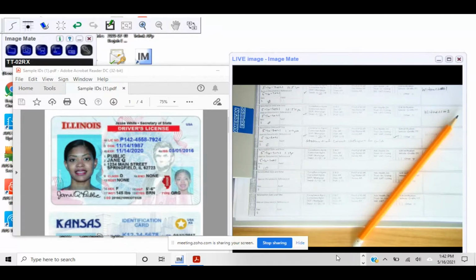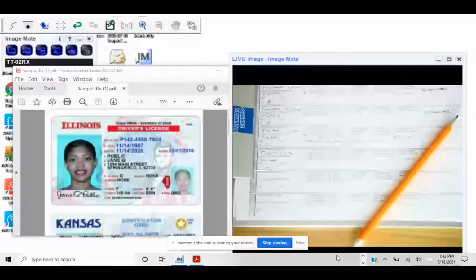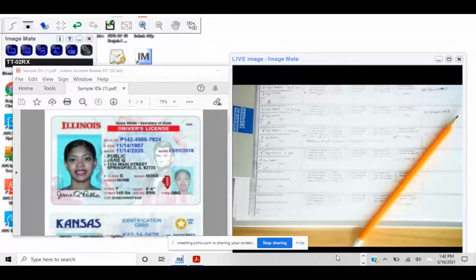That's why I stress in the group, please have a copy of your handbook, whether it's a book that you purchase from an association or a notary supply store, or a printed out copy from your state website. Please have that on hand, because you want to make sure that you're able to give these customers the correct information.